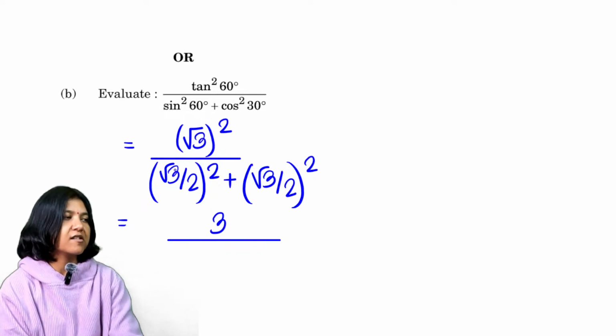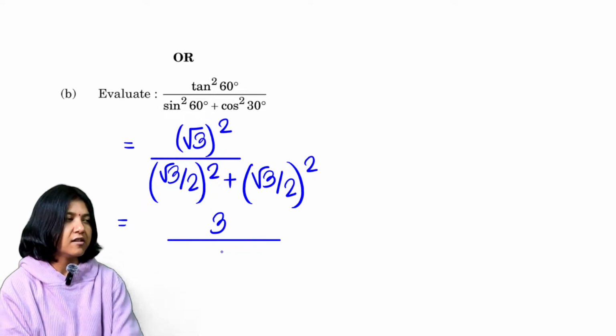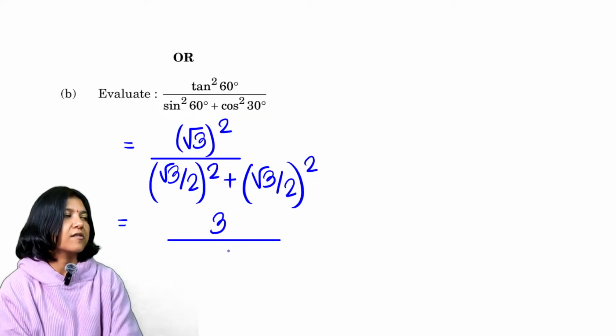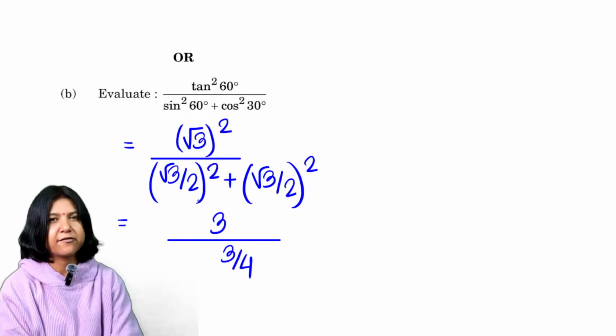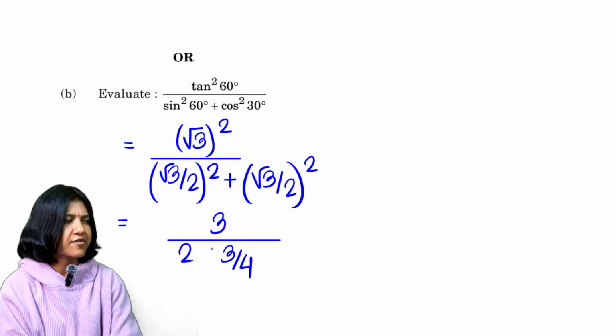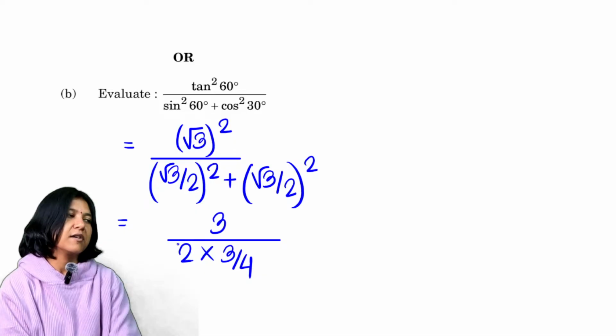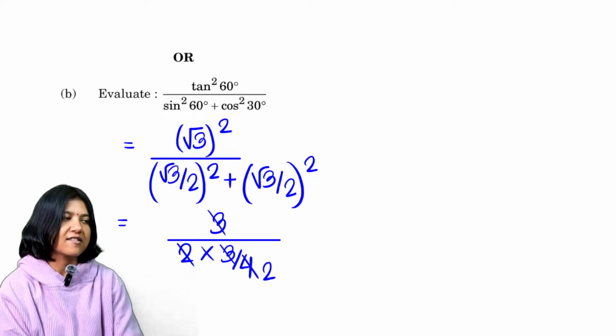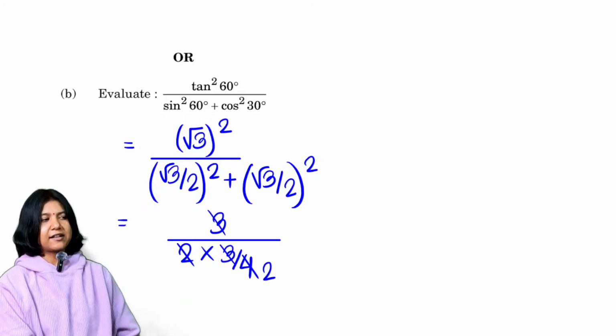So square of root 3 is 3, square of 2 is 4. So I have 3 by 4 plus 3 by 4, which is the same as 2 times 3 by 4. Now 2 and 4 cancel out to give me 2. And I think you know this, 3 and 3 cancel out. I cancelled out everything and have 2 at the extreme bottom.